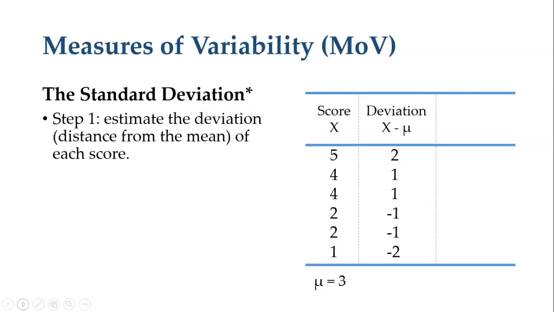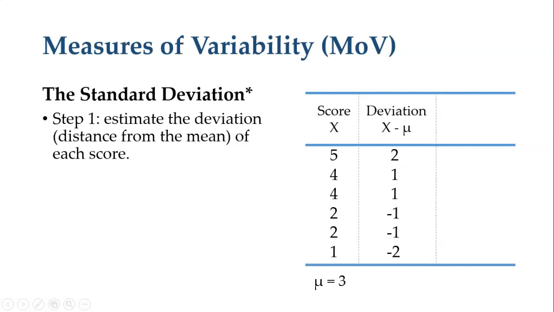The first thing is that you need a numeric variable, and with that numeric variable you need to estimate the mean, and for the mean we use the Greek letter mu, this symbol that is similar to a U. For this sample, the mean is 3.